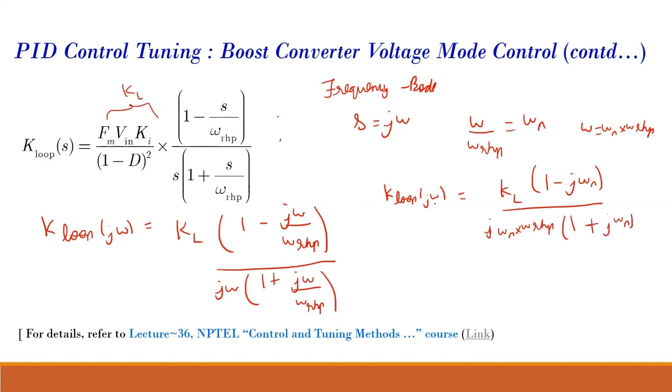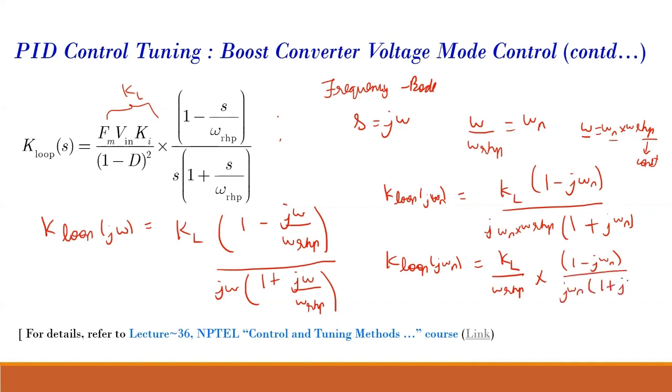So this will not be K loop j omega, it will be K loop j omega n now, because I'm replacing omega by omega n into omega RHP. Omega RHP is my constant. Okay, so I get K loop of j omega n to be KL by omega RHP into (1 minus j omega n) by j omega n into (1 plus j omega n).